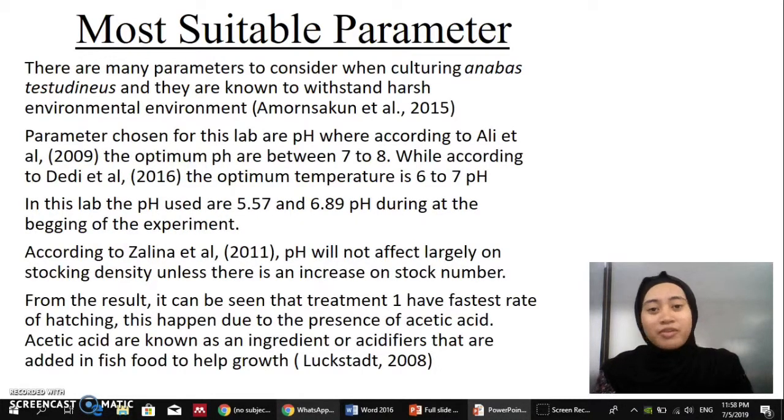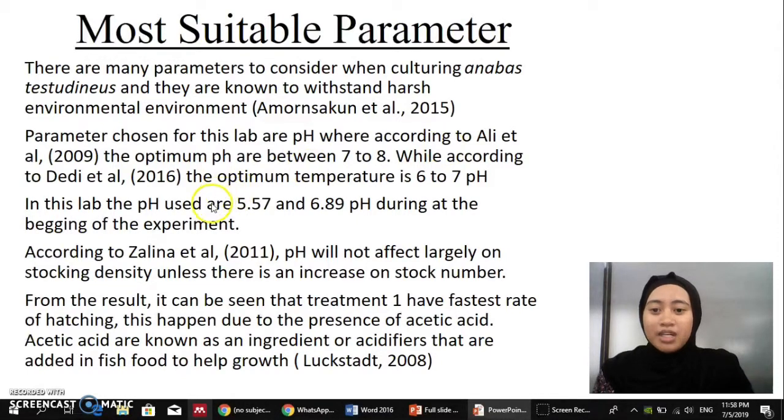As for the most suitable parameters for this experiment, there are many parameters to consider when culturing Anabas testudineus, and they are known to withstand harsh environments according to Second et al. 2015. The parameter chosen in this lab is pH, where according to Ali et al. 2019, the optimal pH is between 7 to 8, while according to Dedi et al. 2016, the optimal pH is 6 to 7.